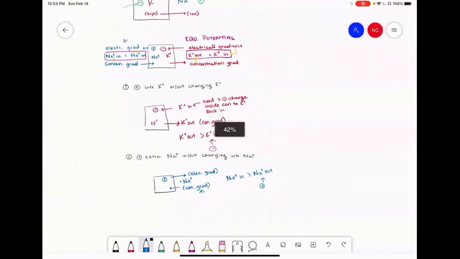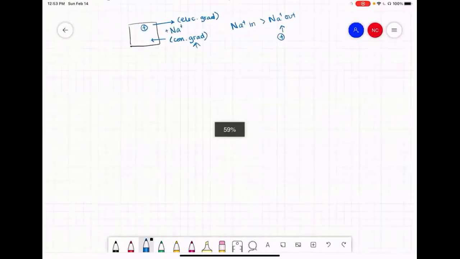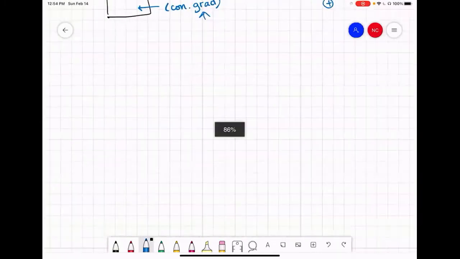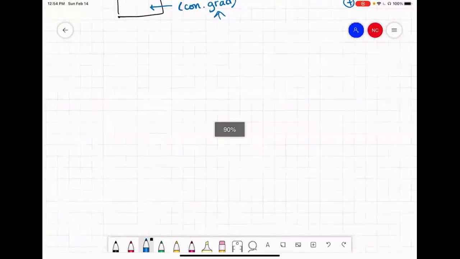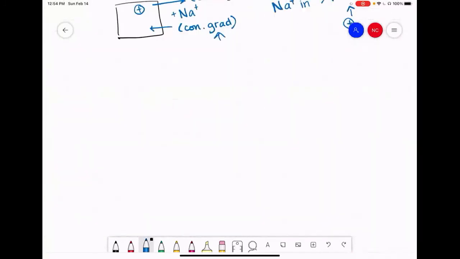Okay. Additionally, I did want to go over permeability because I feel like that's another thing that gets a little confusing sometimes. So when we think about permeability, it's harder to write or spell when you're being recorded.